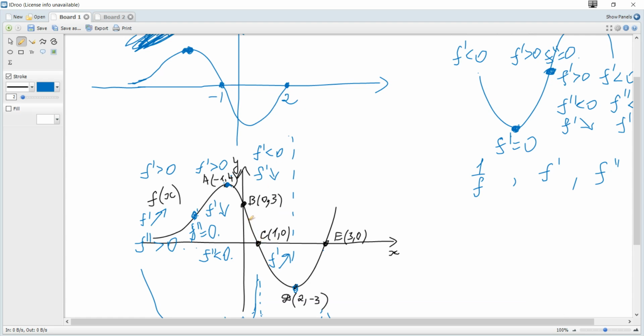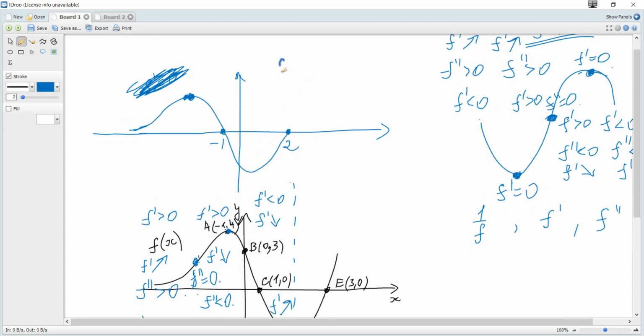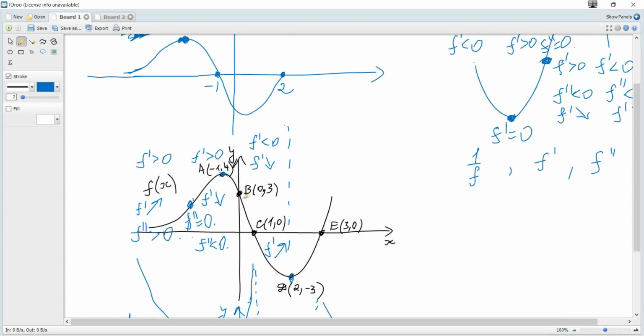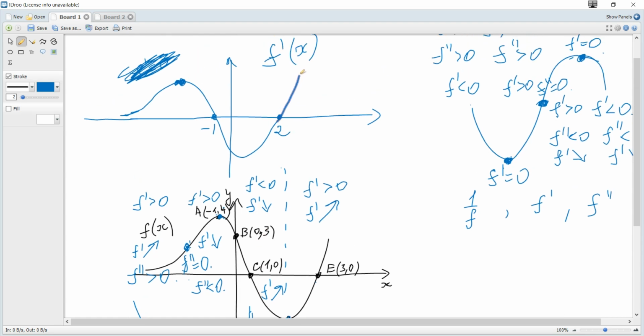It's not clear where there is a change in concavity, where this turning point for the derivative is. And to the right from D we can see it's concave up and an increasing function. It means the derivative is positive, and since it's concave up, the derivative is an increasing function, so it goes up.